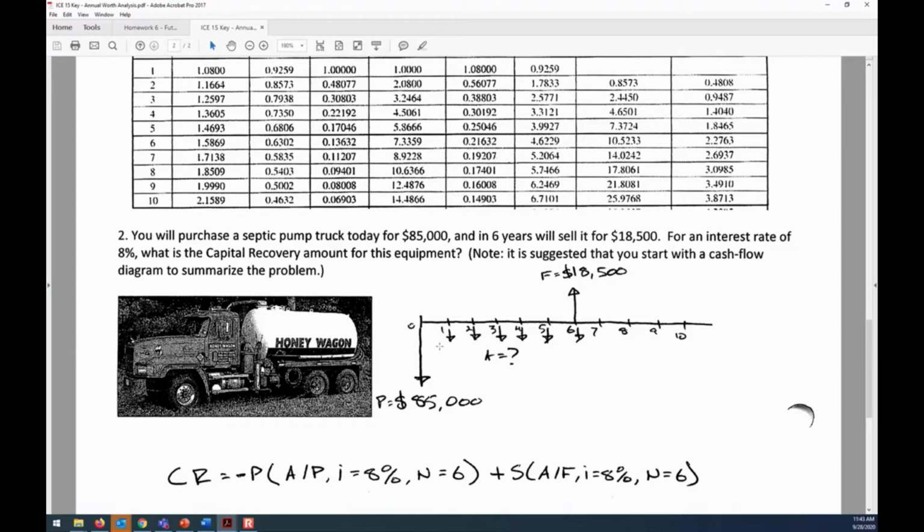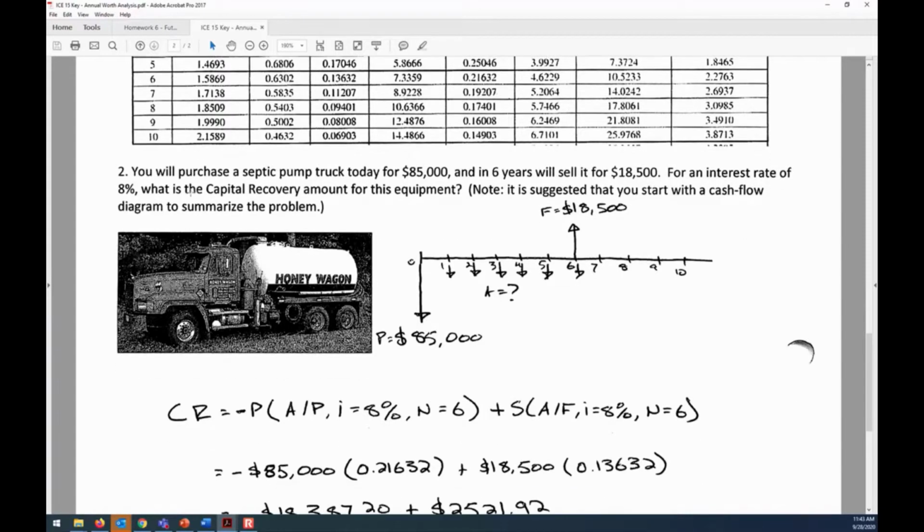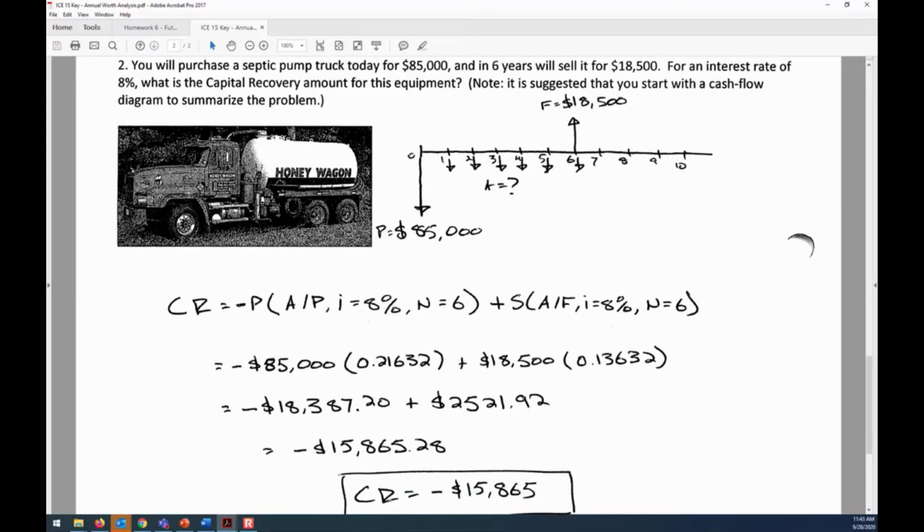This is telling you how much you need to generate each year in order to justify the equipment. And so here, what we find is that we would need to have an annual revenue of 15,865.